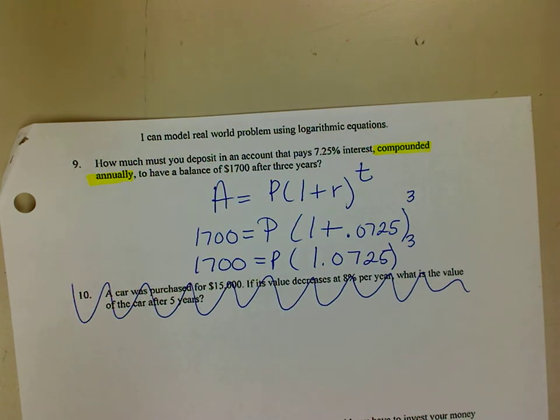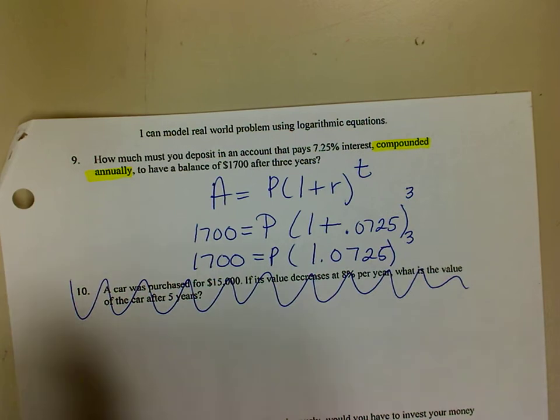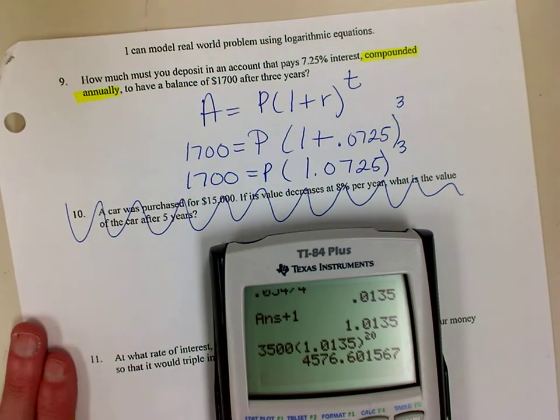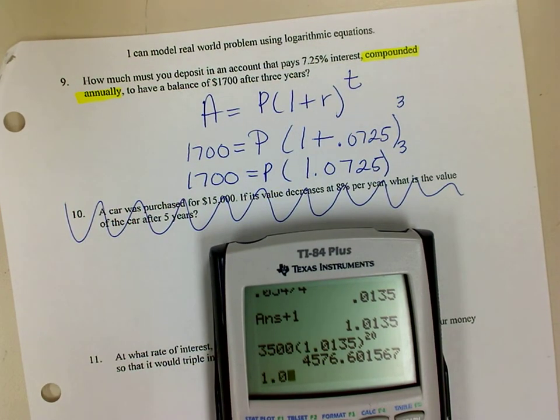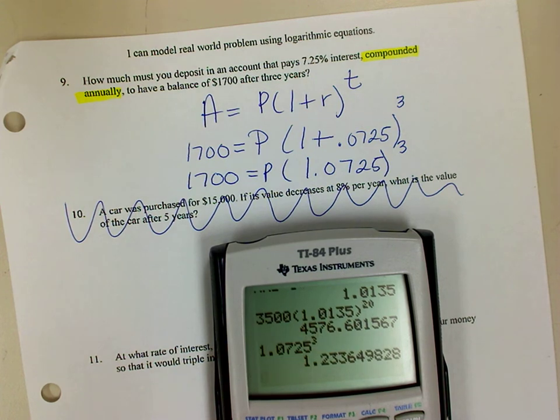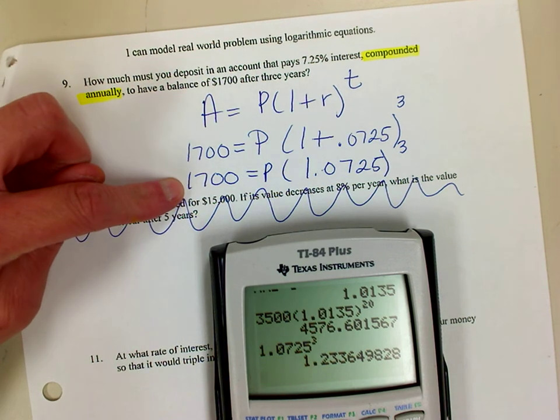Okay, so then maybe I should figure out what this is. So I'm going to put that in my calculator. Okay, and then what I want to do is this number right here is this. So I'm going to divide this number over to here. So I'm going to do 1,700 divided by the answer that I just got.